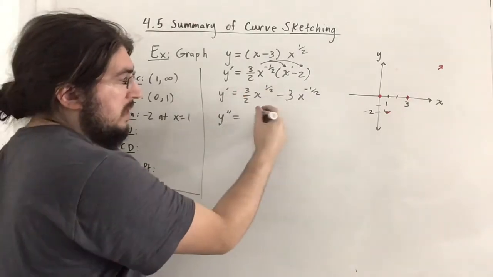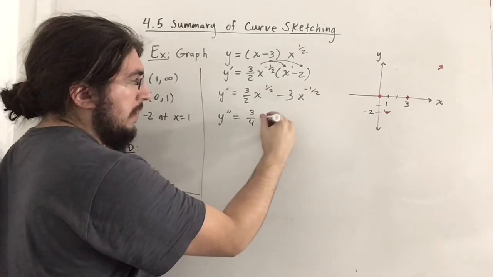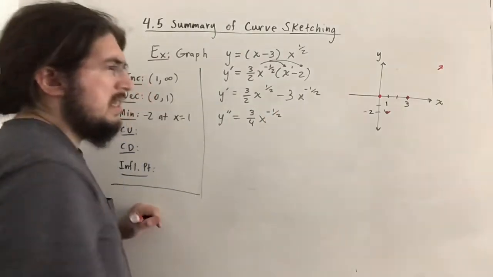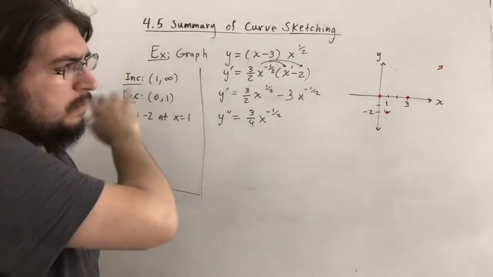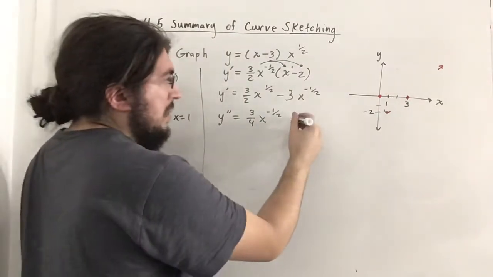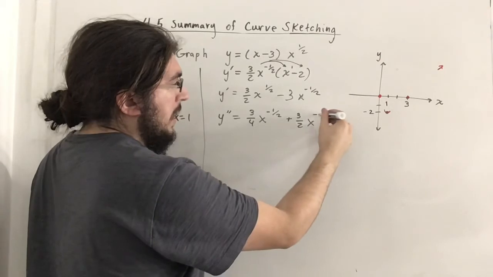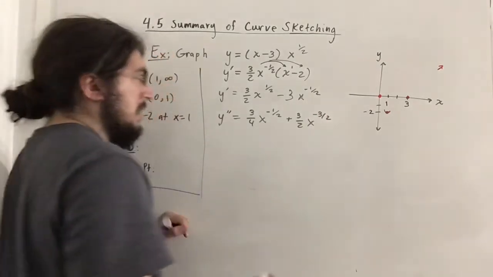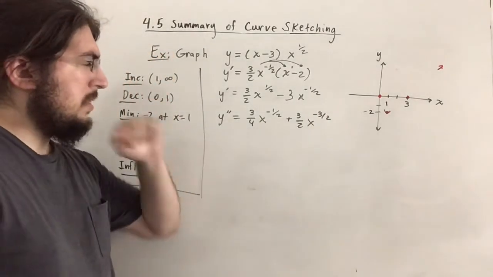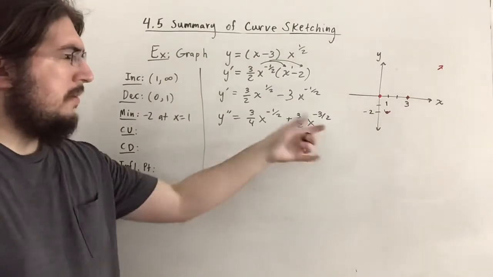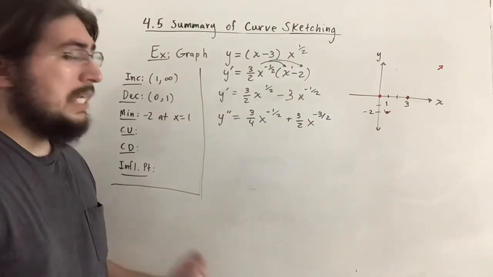So now derivative of this is 3/4 x to the negative 1 half, which is kind of what we got first, but we didn't go beyond that. And then derivative of this is going to be positive 3 halves x to the negative 3 halves. Yeah, so now thinking about it, we got negative 3 halves, not negative 1 half. But it doesn't matter. Anyways, we end up getting this for the second derivative.